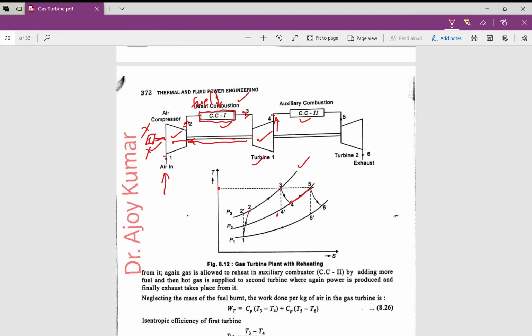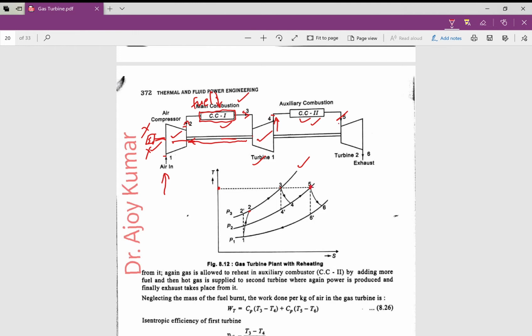Actual expansion is from 3 to 4, and then 4 to 5 is the heating taking place in combustion chamber 2. After combustion, again the temperature of the hot gas reaches the value at point 5 on the TS diagram.